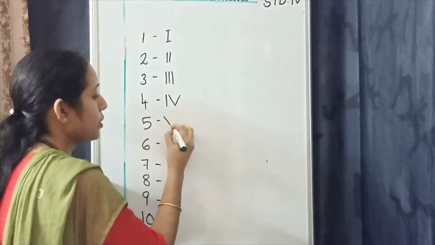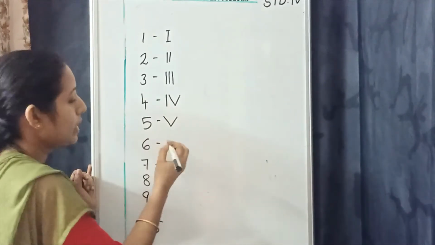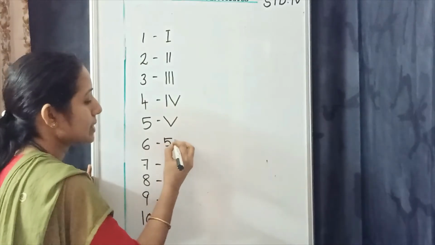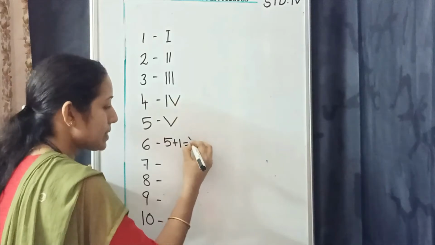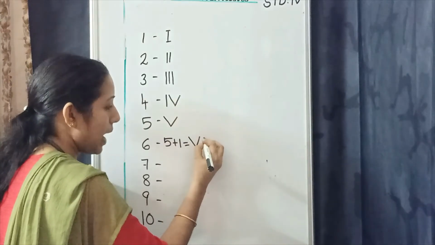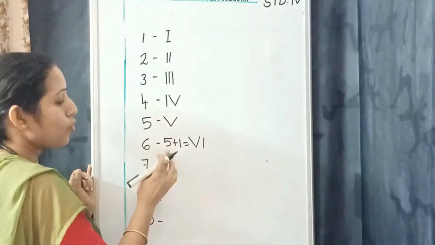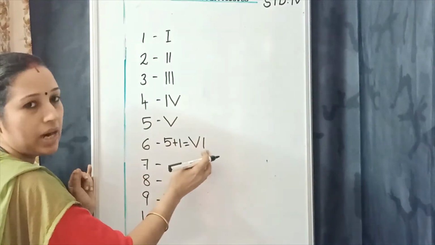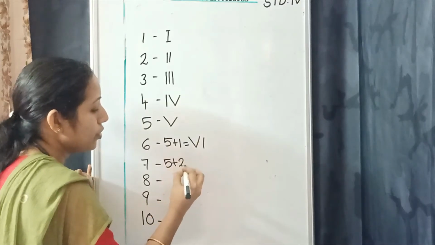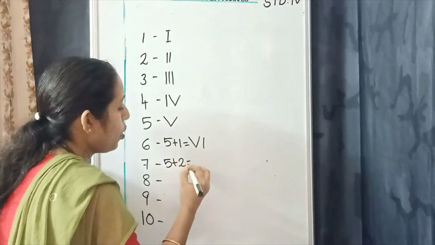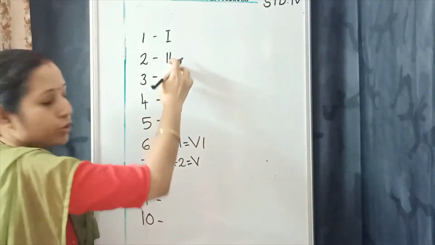And V, we know, is 5. And 6 is 5 plus 1. So to write 6, they use V and I. V means 5, I means 1. And 7 is 5 plus 2. 5 means V and 2 is II.